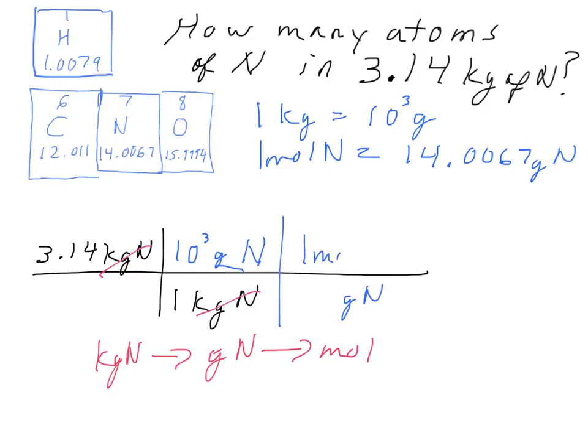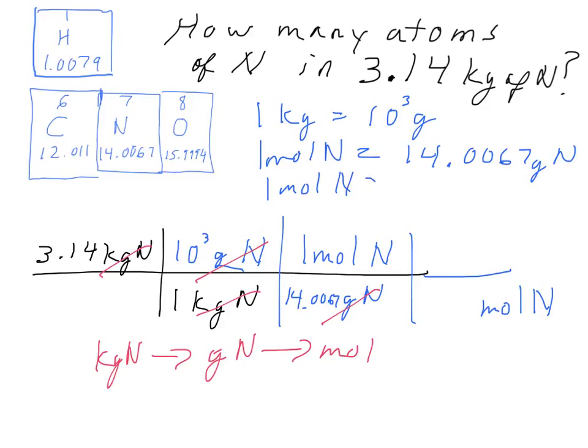I want moles. I keep the numbers with their units. I've crossed out grams. I've gotten moles. I don't want moles, though. That's not what they're asking for. So I know in my next step, I have to get rid of moles. By definition, I know the relationship between moles and number of atoms.